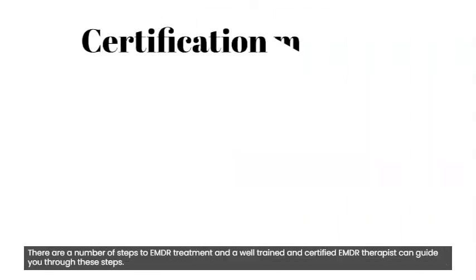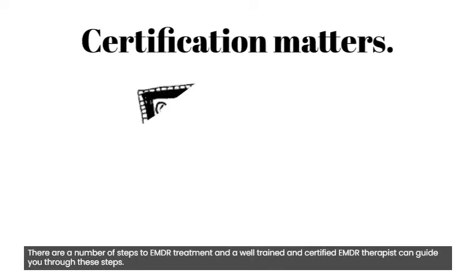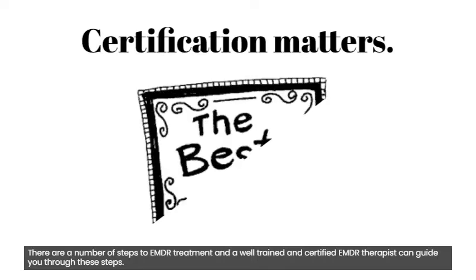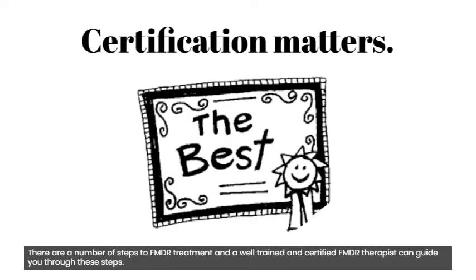There are a number of steps to EMDR treatment, and a well-trained and certified EMDR therapist can guide you through these steps. But there are some key elements that are important to know. In the preparation phase, you will work with your therapist to identify a traumatic memory.